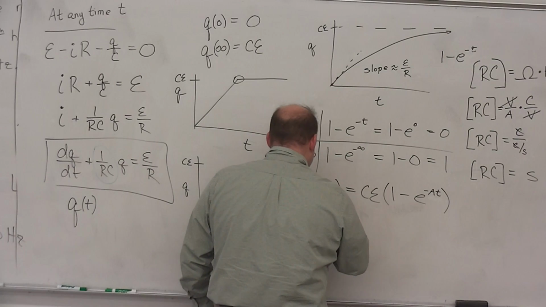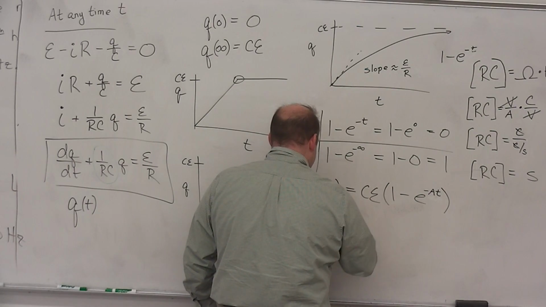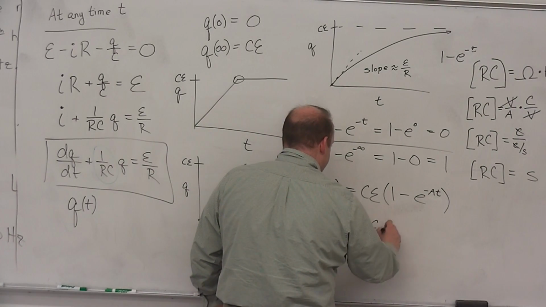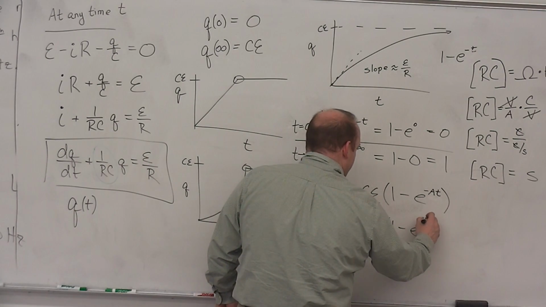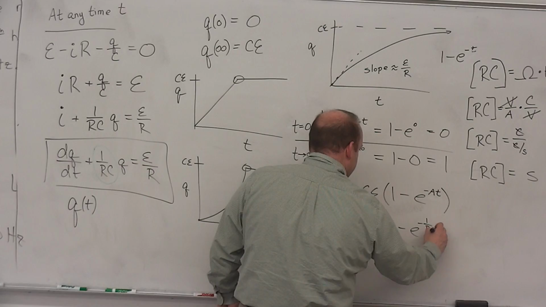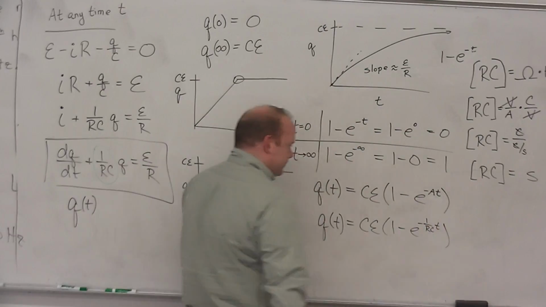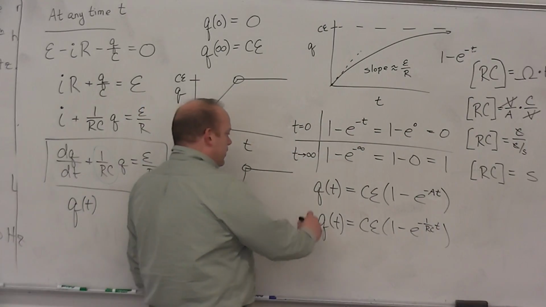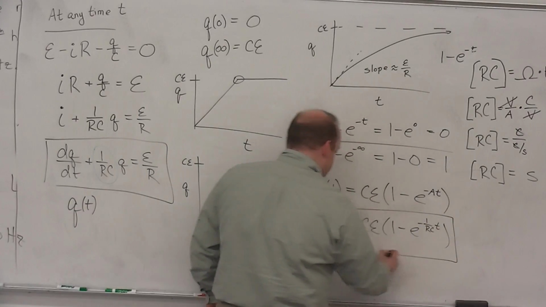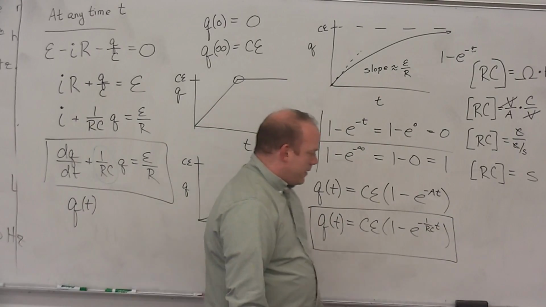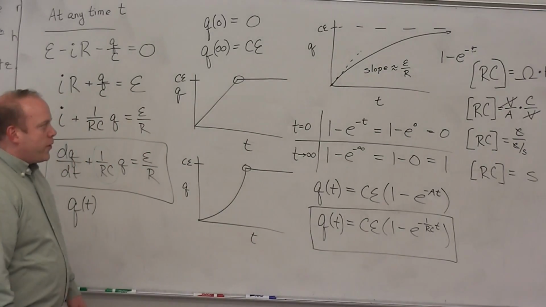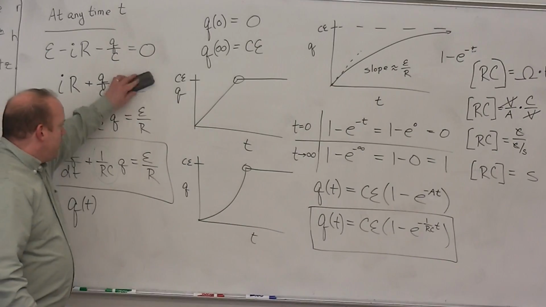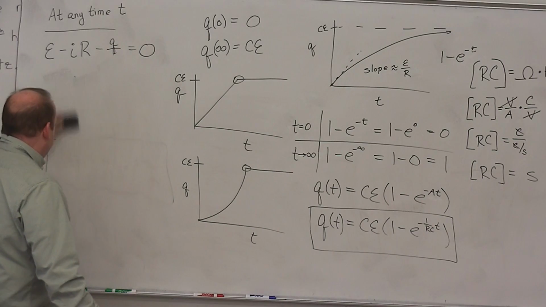However, Q of t, I'm not going to show you exactly how this works. 1 over RC times t. Okay. This is how the charge builds up on a capacitor. I want you to understand how these differential equations work. You don't have to be able to solve complex differential equations.